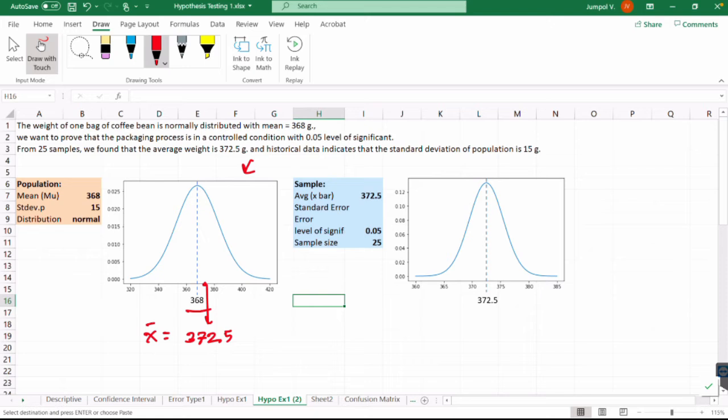But for hypothesis testing, we cannot just use the population distribution to justify whether we want to accept the null hypothesis or not.